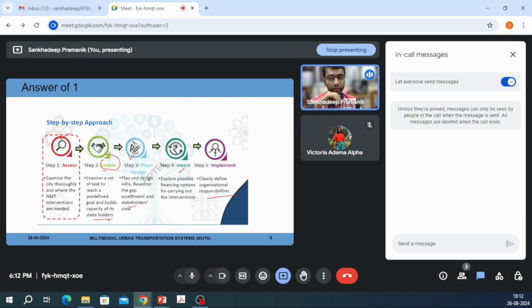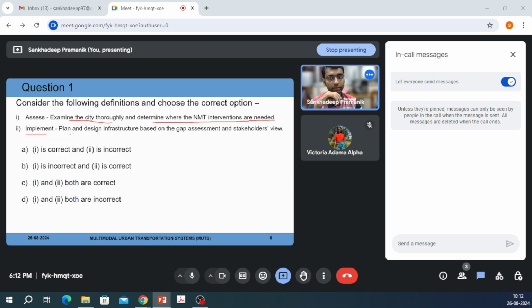This one is correct, but implement is actually implementing the NMT infrastructure and clearly defining the organizational roles and responsibilities. But here it is saying that plan and design infrastructure based on gap assessment and stakeholders' view. So this is incorrect.